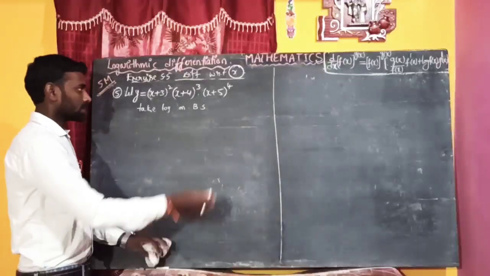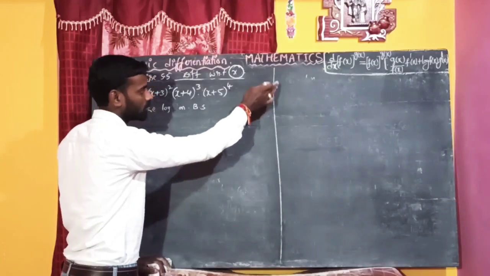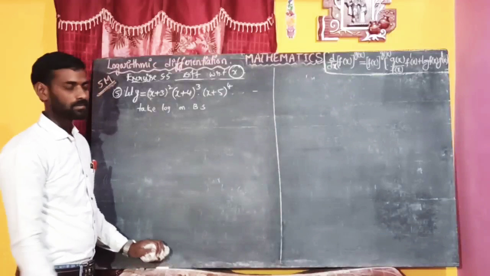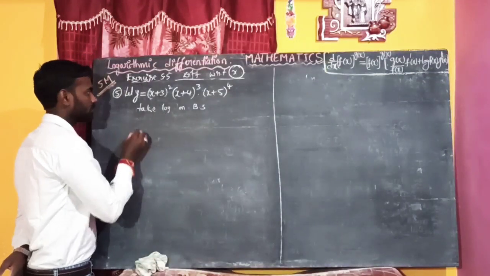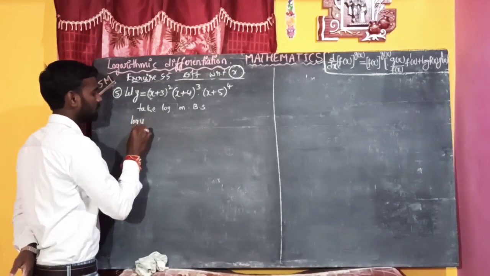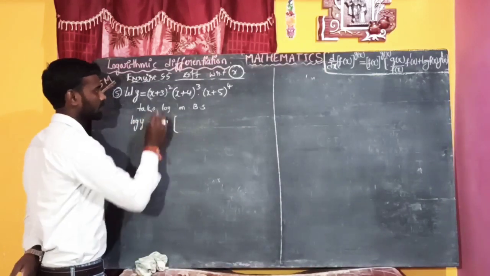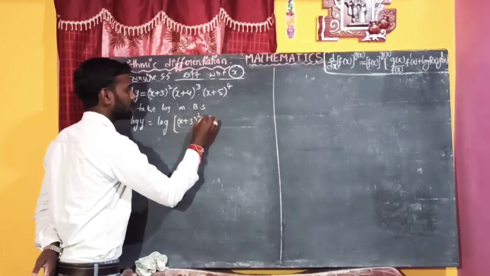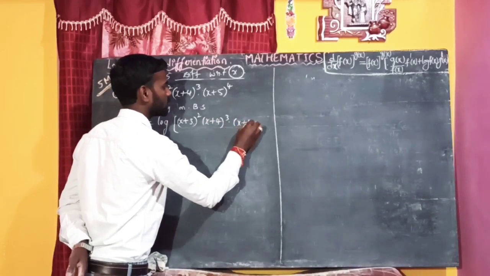Whatever that may be, take log on both sides. Now guys, listen. Take log on both sides means log y is equal to log of this whole function, that is x plus 3 whole square into x plus 4 whole cube into x plus 5 whole to the power of 4.